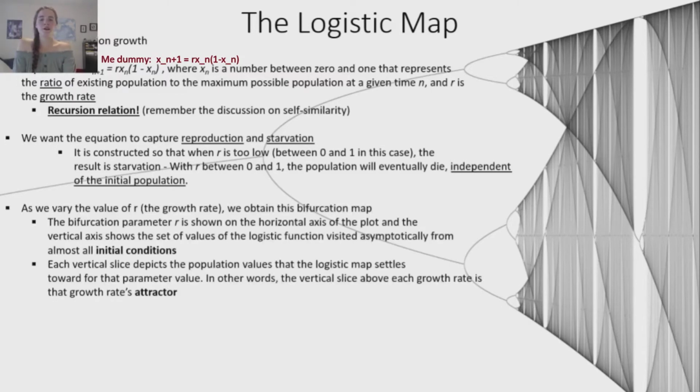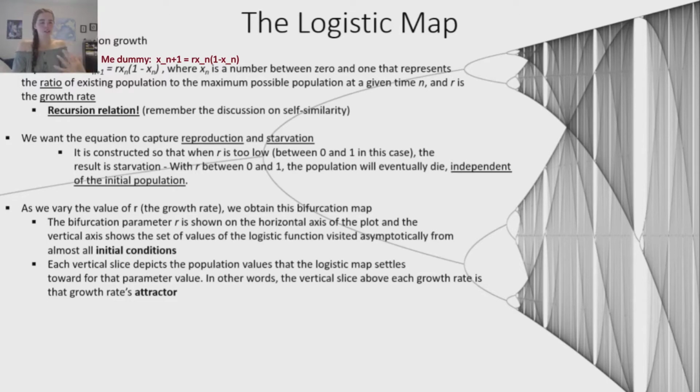As we vary the value of r, which is the growth rate, we obtain this bifurcation map, which is right here. The bifurcation parameter r is shown on the horizontal axis of the plot. That's this axis, and you can't see it on the slide because it's much prettier without it. What I'm doing now is just explaining how the system works.